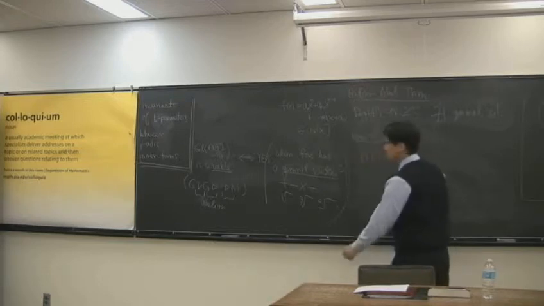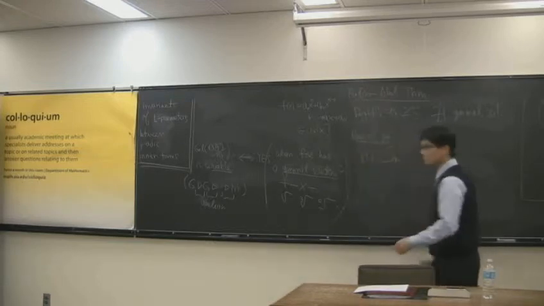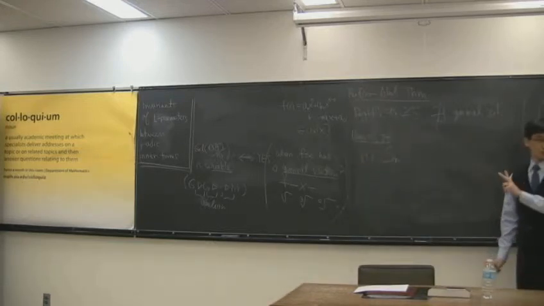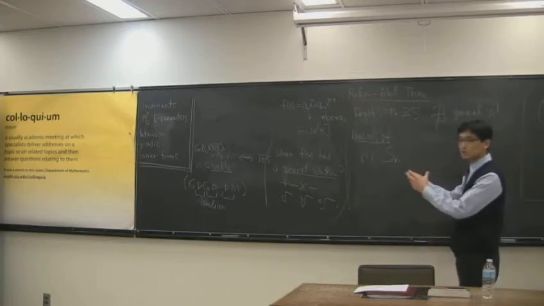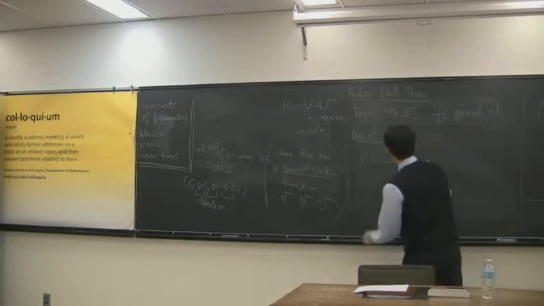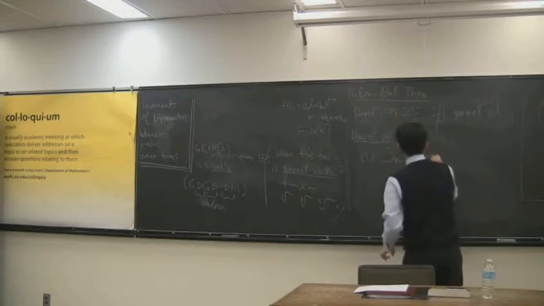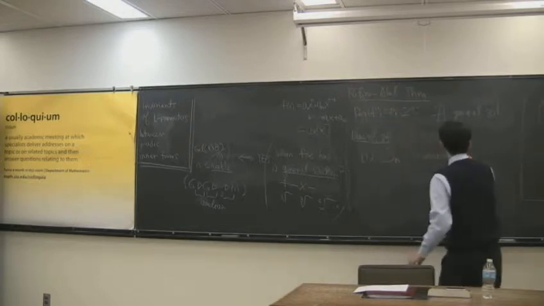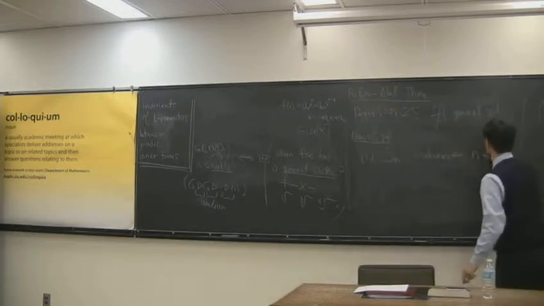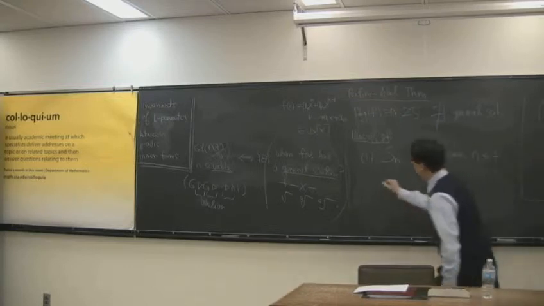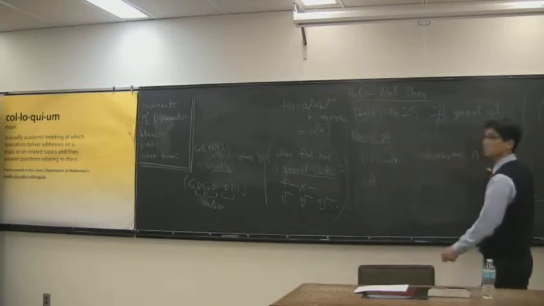First, S_n, the symmetric group, the permutation group over n letters, is solvable if and only if n is less than or equal to 4. Again, this is group theory.